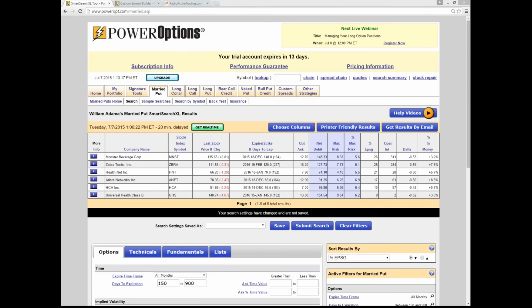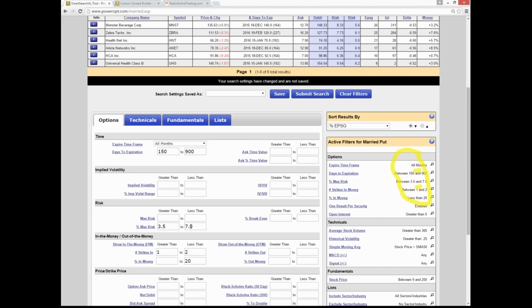Notice here that all of my deltas are within a very tight range of negative 0.48 to negative 0.6. I'm not screening by delta, but by using the other criteria to focus on limiting risk, if the delta was too high, it would be outside of my range. And if the delta was too low, the risk would be high. Technically, I'm already screening for implied volatility, delta, and even gamma without even using those.